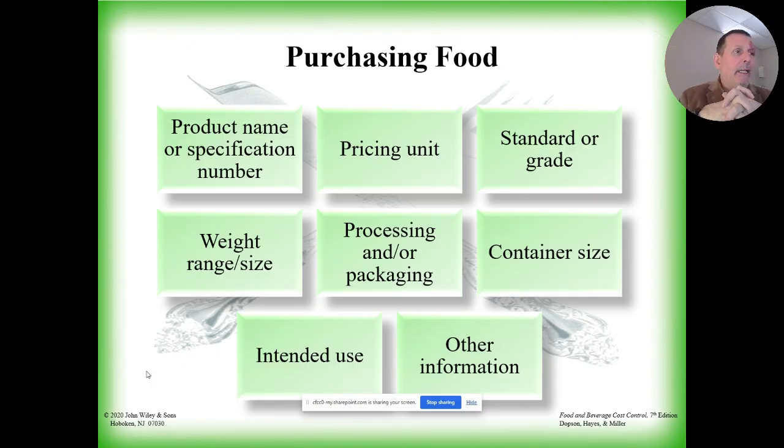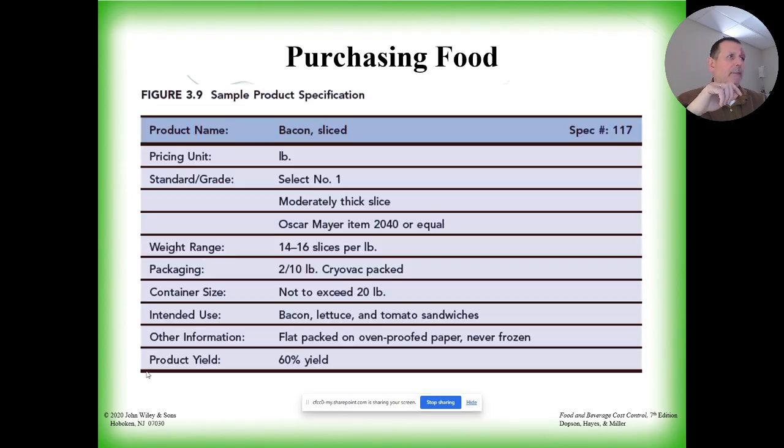If I'm saying that I'm buying beef for hamburger, well, then I know there should be ground beef, right? That's a really silly example, but there are so many examples. When I know what this is being used for, I can know if it's a good fit or not a good fit. Any other information that you feel is important, you can put on the specification.